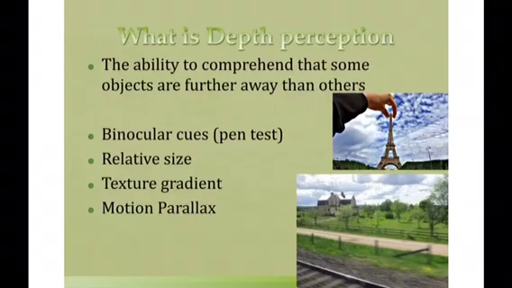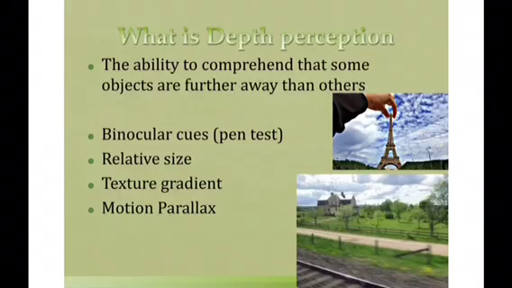Notice how the pen changes position depending on which eye you're looking at it with. If it's very close, the position of the pen compared to the background will change significantly. If it's far away, it will hardly change at all. This is one of the ways that our brain can tell the distance of certain objects.